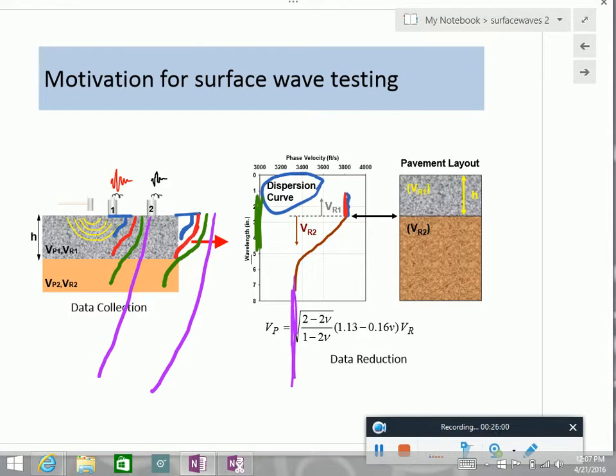In NDE, we use it a lot of times for material characterization. So it's the only place where you don't really use inversion, if you are only interested in the first layer. But anywhere else, surface wave needs to be inverted.